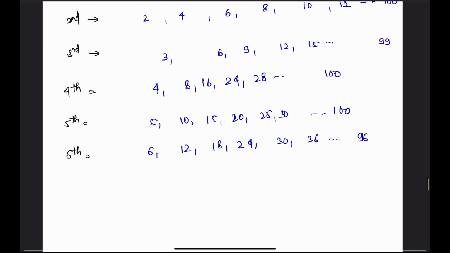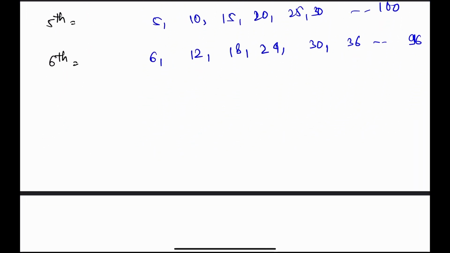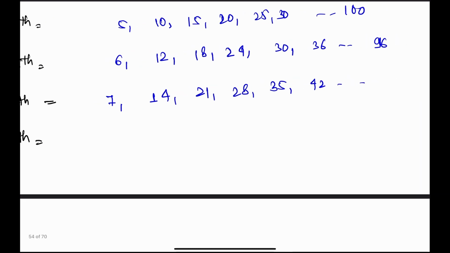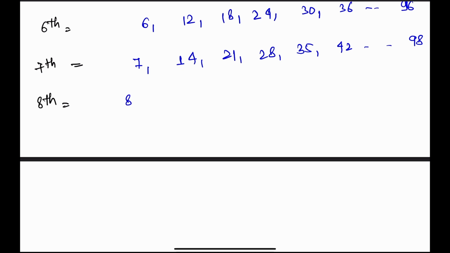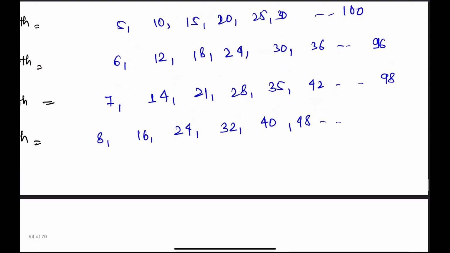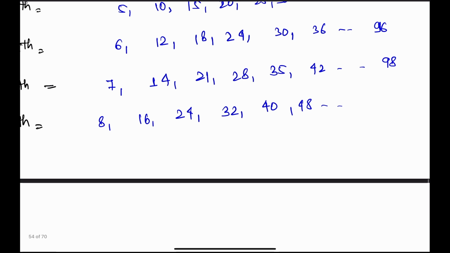Let's take up to 8 and a pattern will be visible. The seventh: 7, 14, 21, 28, 35, 42, so on till 98. The eighth: 8, 16, 24, 32, 40, 48, so on till 96.